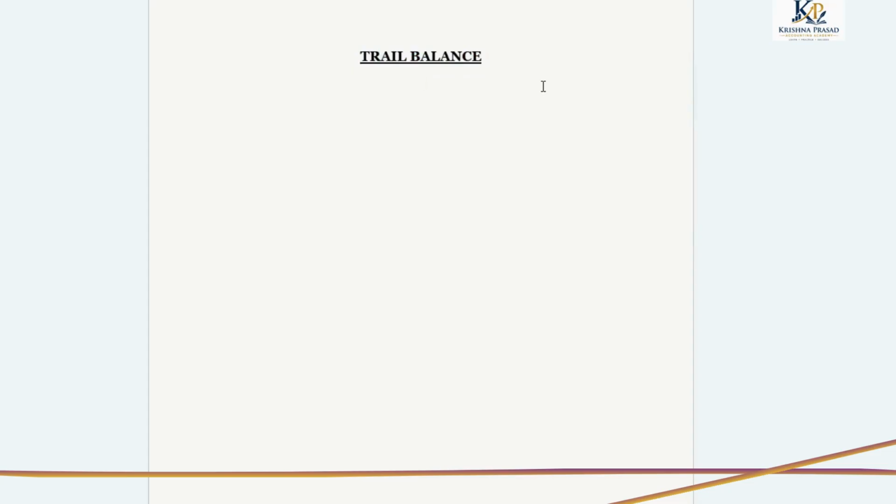Coming with the trial balance to find out whether we have prepared the journal and ledger correct or wrong, that can happen only with the trial balance.